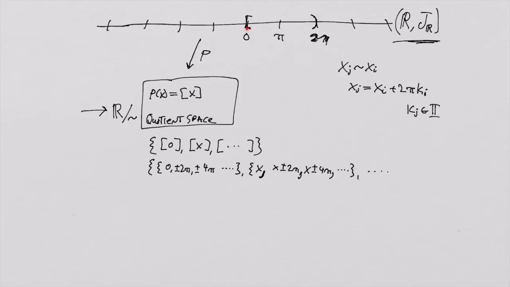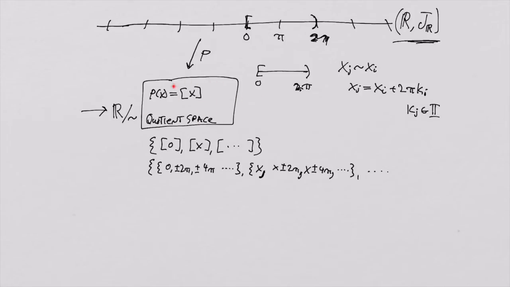Now that doesn't mean that this interval here is somehow homeomorphic to the quotient space. All I can say is that it has the right number of points, right? But the question is what is the quotient space, right?